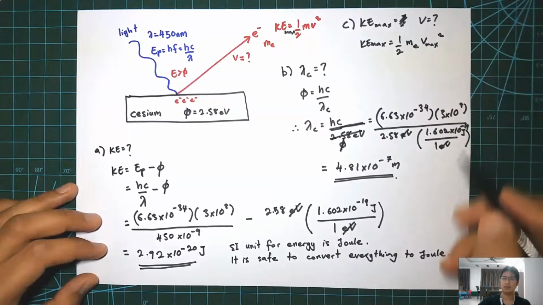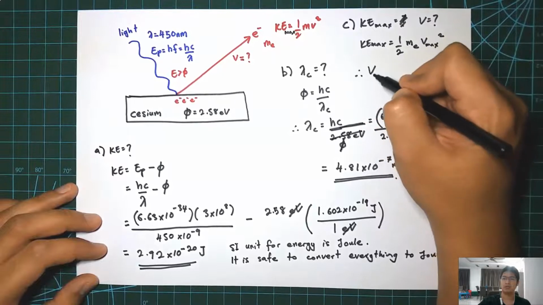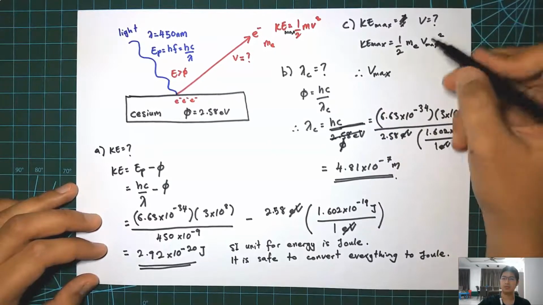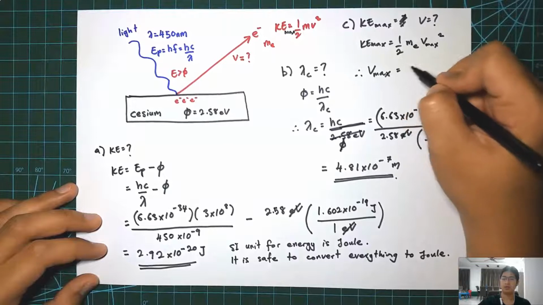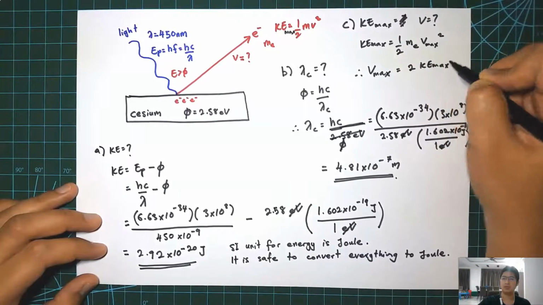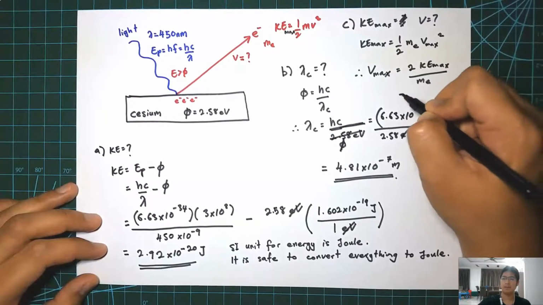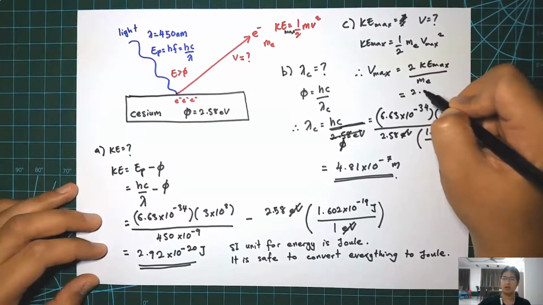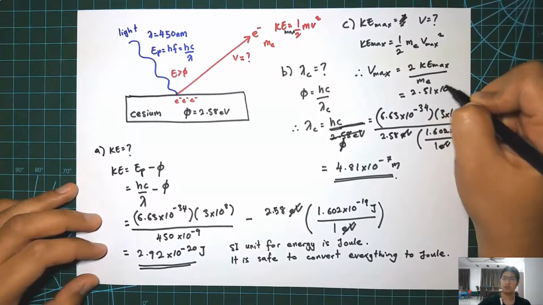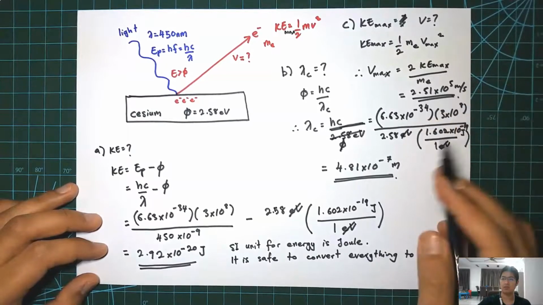You need to find the velocity or speed of the ejected electrons. So the maximum speed is the square root of 2 times the maximum kinetic energy divided by the mass of the electron, and the answer is 2.51 times 10 to the power of 5 meter per second.